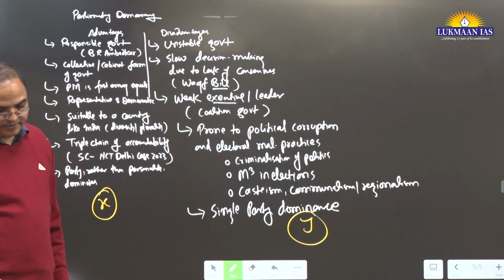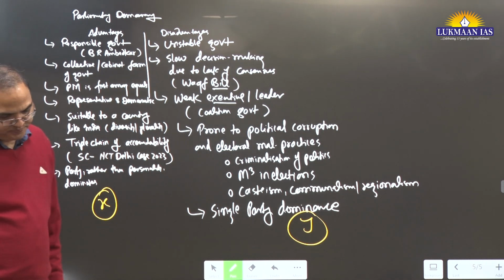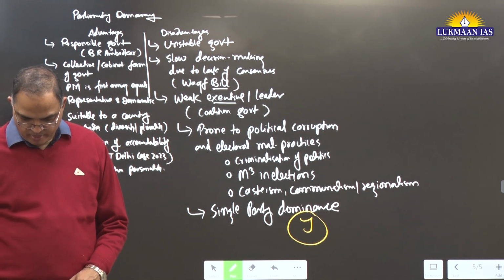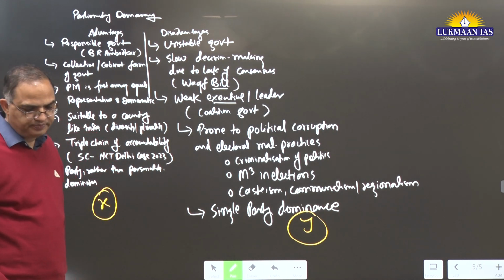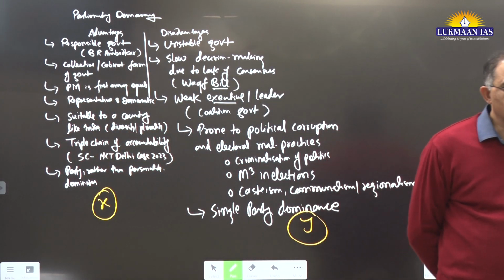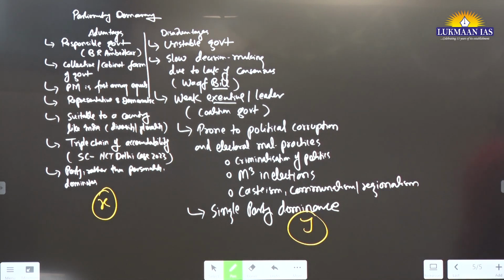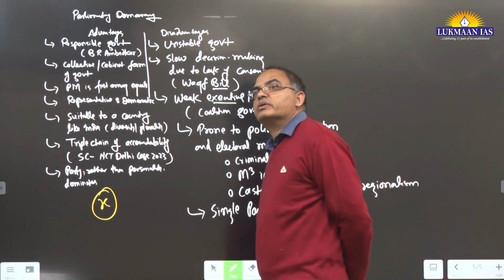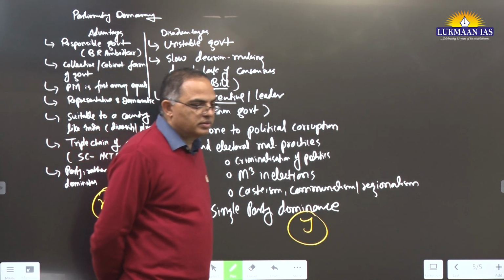The UK parliamentary system is considered the oldest parliamentary democracy in the world.